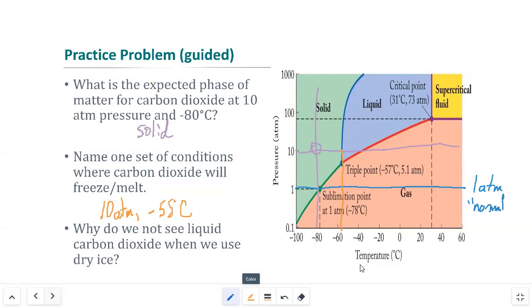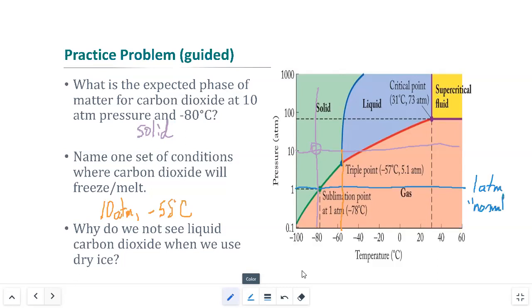Why do we not see liquid carbon dioxide when we use dry ice? Well, if I look at that 1 atmosphere line, the one I made here in blue originally, I can see that liquid carbon dioxide doesn't exist at 1 atmosphere. Doesn't exist at all. So why don't I ever see any liquid when we use dry ice, at least liquid carbon dioxide?